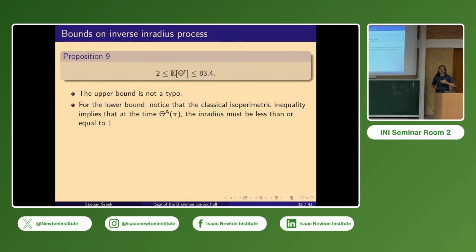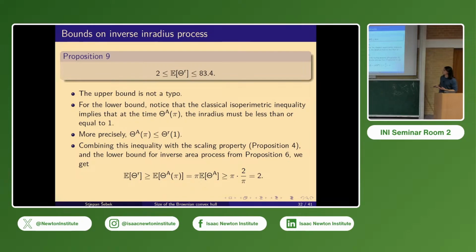So for sure, reaching area pi will happen before you reach inradius 1. So the time when you reach area pi happens before the time when you reach inradius 1, and it gives us this easy lower bound 2 for the expected value of the time that is needed for the inradius to reach value 1.